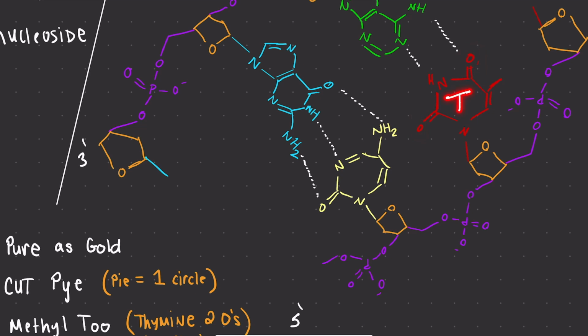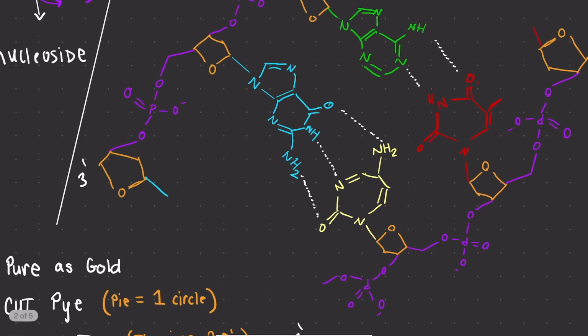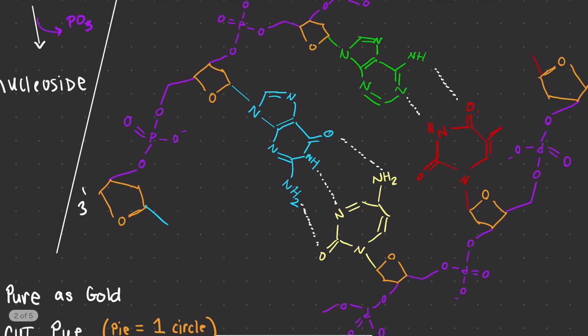Great. That means this one has to be C, because it's not adenine or guanine. So we have our T and C just through process of elimination. Now we have our purines over here. Which one is which?